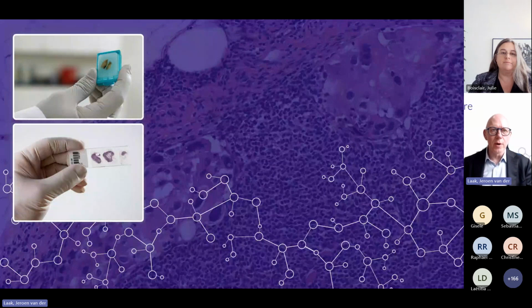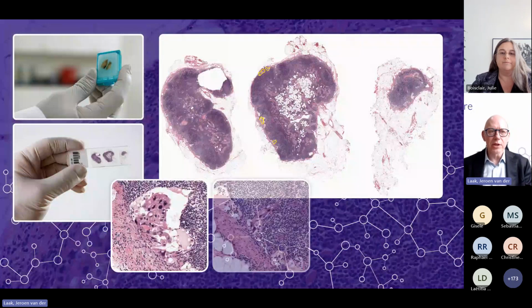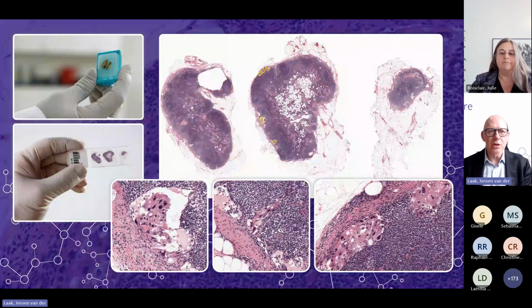Now, Big Picture is all about pathology. And Big Picture is also about AI, artificial intelligence. Just to give you very brief hints, without going into any detail about why you would want to use AI in pathology, this is a nice example. These are sections through lymph nodes of a patient with breast cancer.